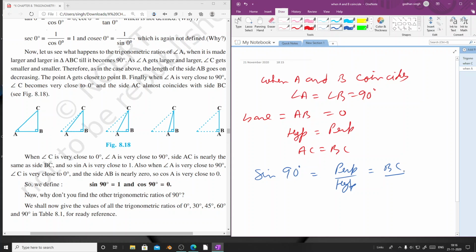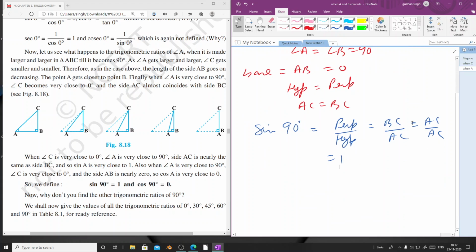What is the hypotenuse? AC. And as we have seen, when angle A is becoming 90 degree, the hypotenuse is becoming same as the perpendicular. So we can replace this BC with AC. So we will be getting AC over AC equal to 1. Therefore sine 90 degree equals 1.